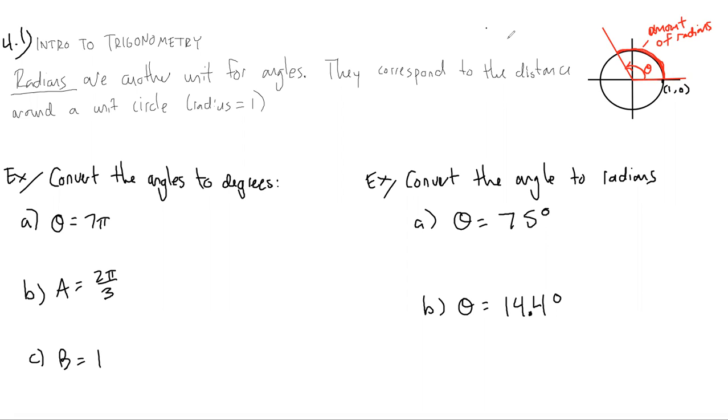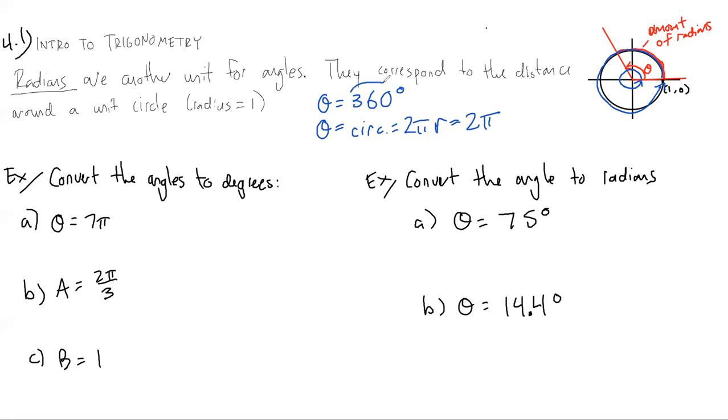And so if you were to go around the whole circle, so if theta is 360 degrees, then in radians you would have the total circumference. So theta is the circumference, if we're thinking of this different unit, which is 2 pi r. And in this case, the radius is 1, so it's actually just 2 pi.